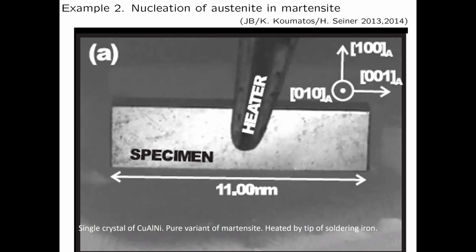So now you heat it up with this soldering iron. Of course, now the temperature here is going to be way above theta critical. So you would expect the high temperature phase to be nucleated under the tip of the soldering iron, right? But that doesn't happen. It nucleates here at a corner.